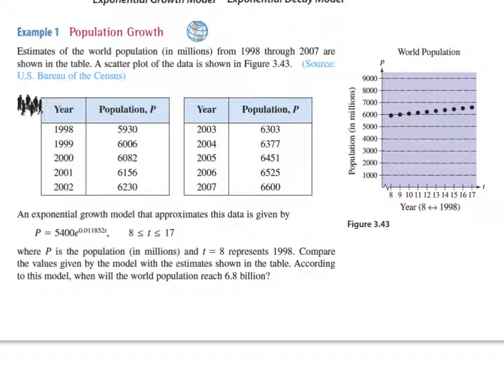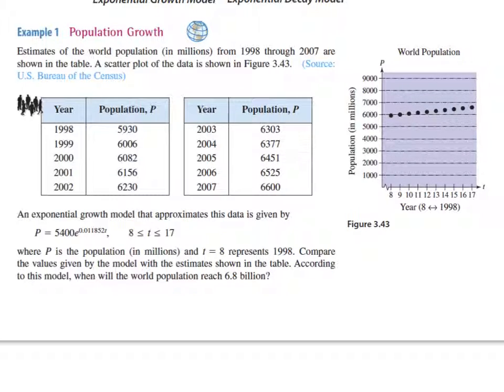So when I see 1998 had 5,930 millions, what is that actually? 5,930,000,000. It's about 5.93 billion, okay? So do be careful with units of measure on these types of things.